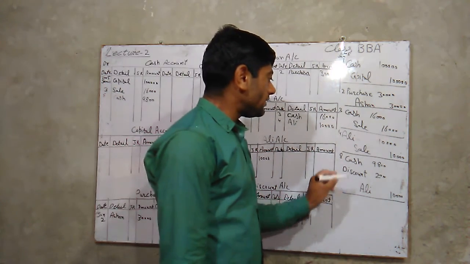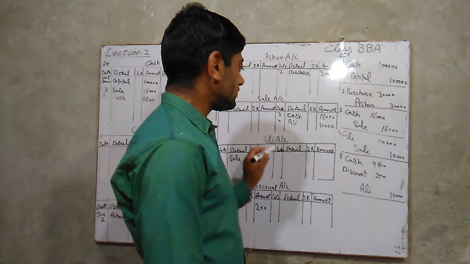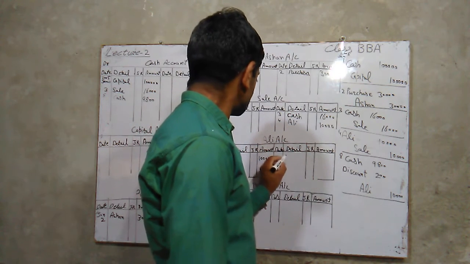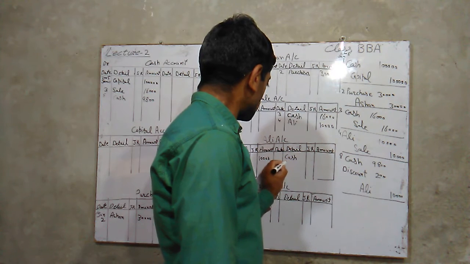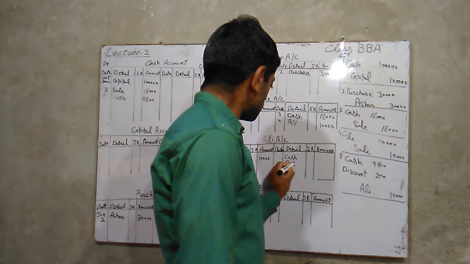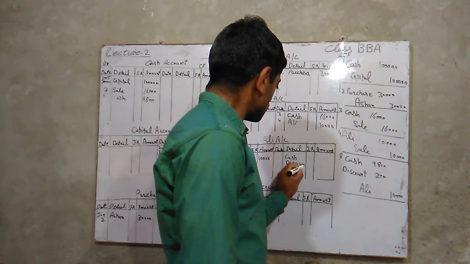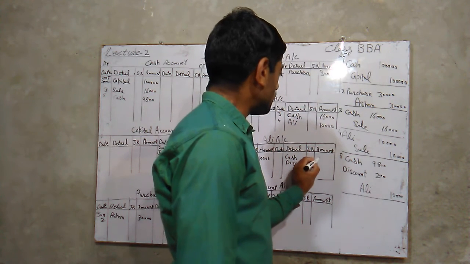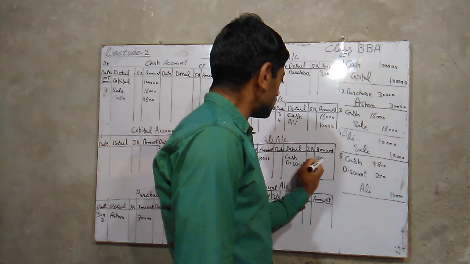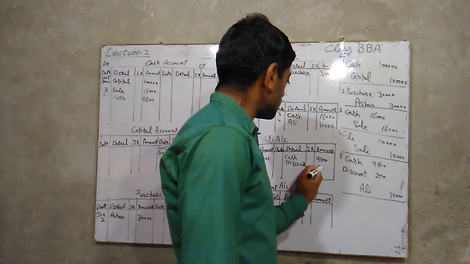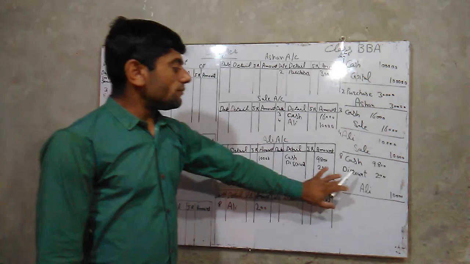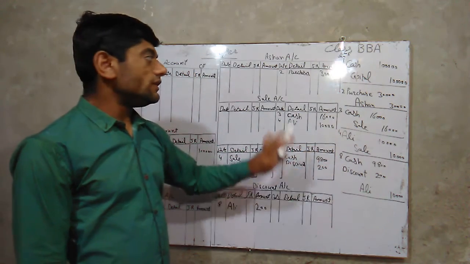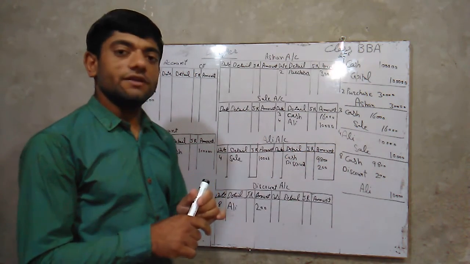And Ali credit due to cash and discount: cash 9,800 and 200 discount. So in this way you can post the journal entry into the ledger account.